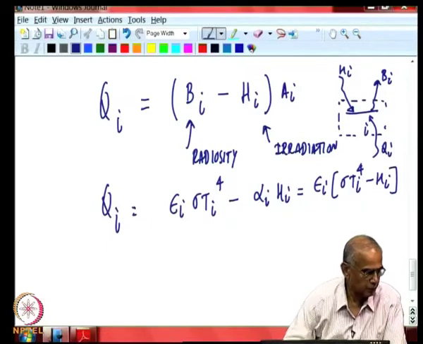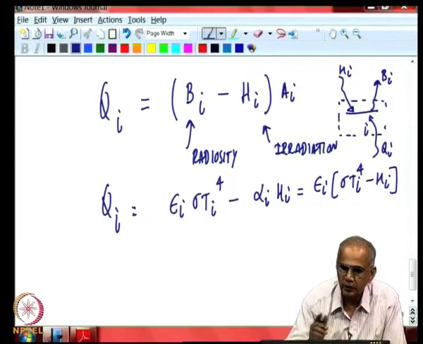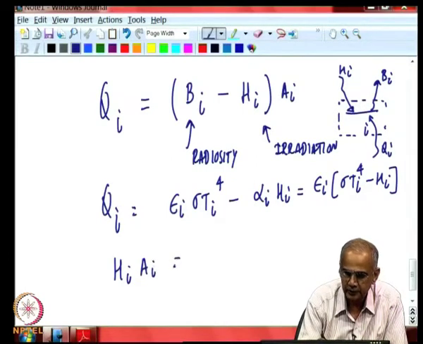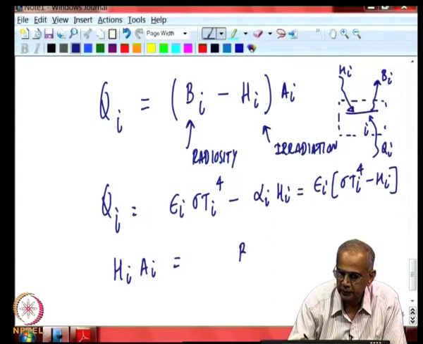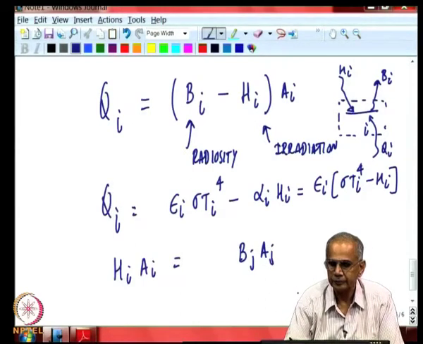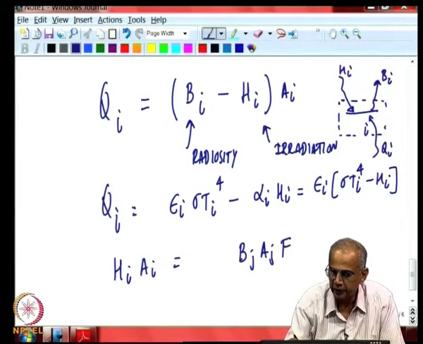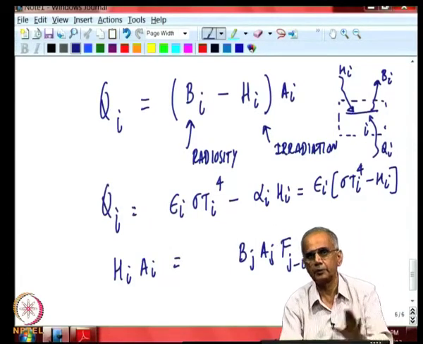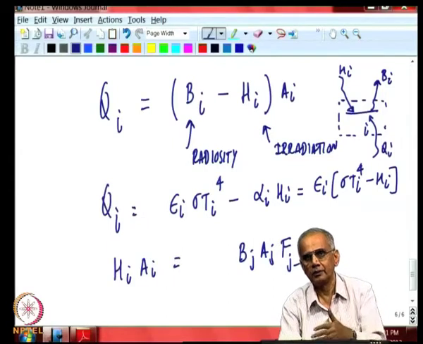Now, the next question you would like to ask is, what is Hi? The amount of energy arriving at the surface I is Hi. This has to be equal to energy leaving surface J, Bj Aj, times the fraction of radiation leaving J and arriving at I. So, the logic is same as what we did for the black enclosure, except that instead of sigma T to the power of 4, the black body emission, we are using the concept of radiosity.